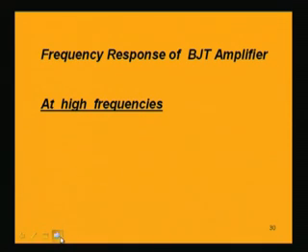Now, after knowing the lower cutoff frequency, let us proceed to find out the upper cutoff frequency. Then we will be considering the amplifier in the high frequency region. So, as per our earlier analysis, in the high frequency region, the capacitances which will be having effect are the transistor junction capacitances, that is CBE, base to emitter junction capacitance, and CBC, collector to base junction capacitance.